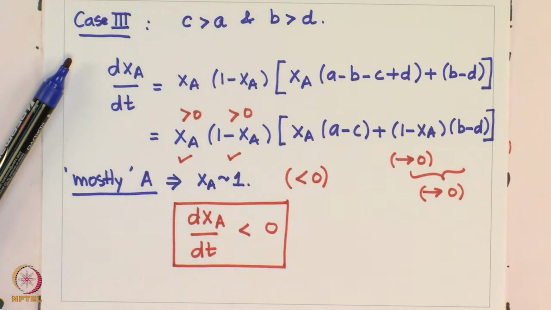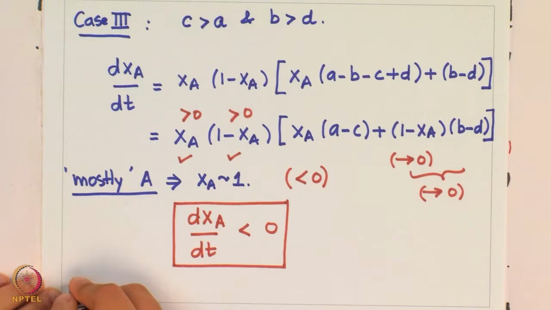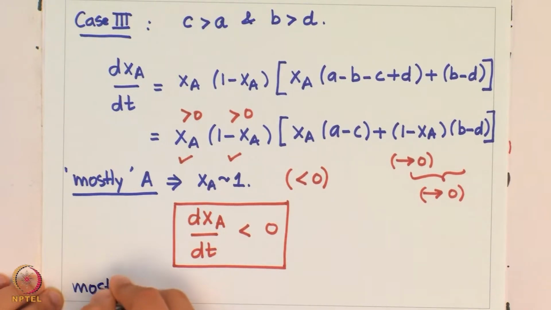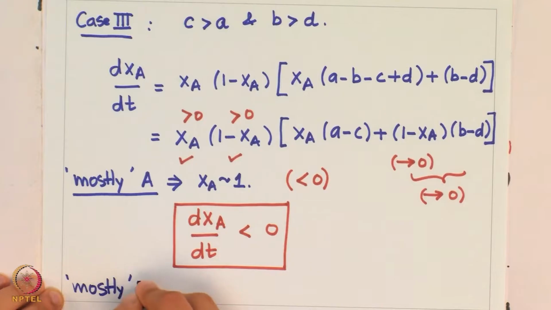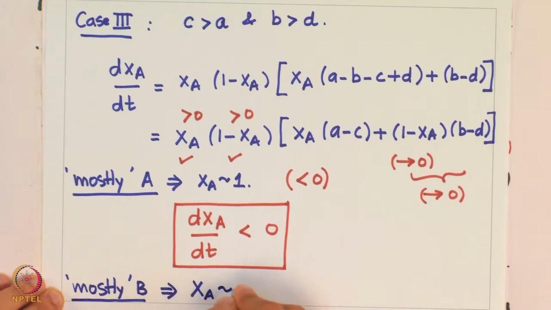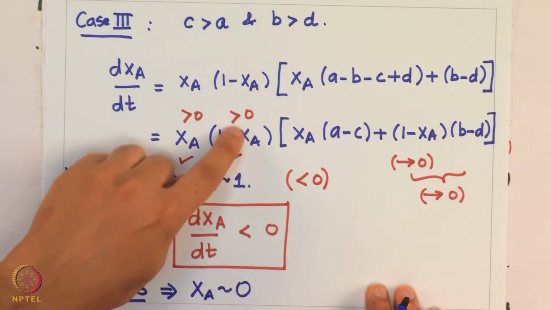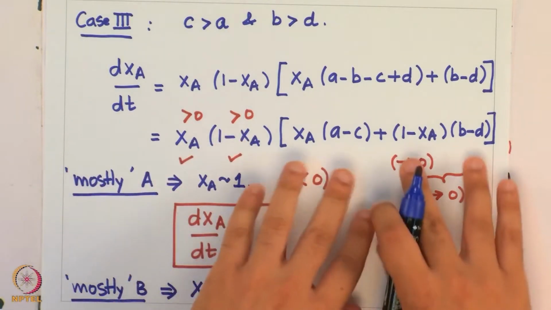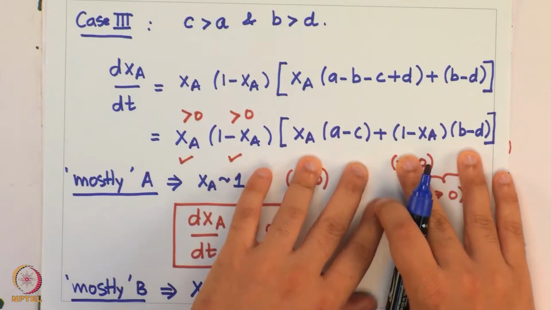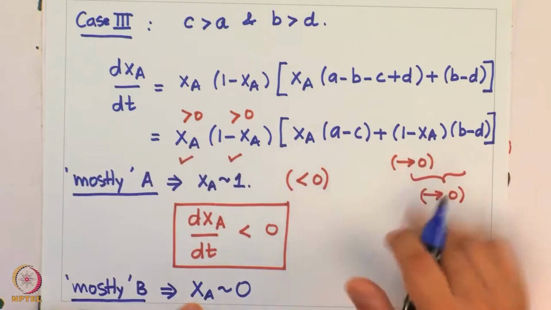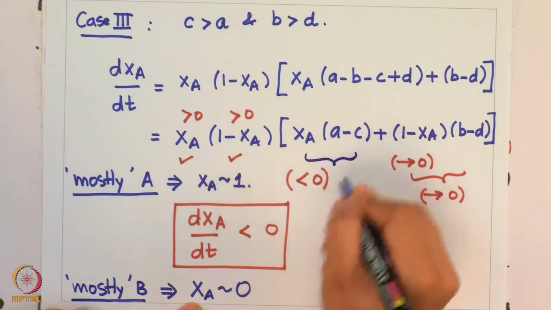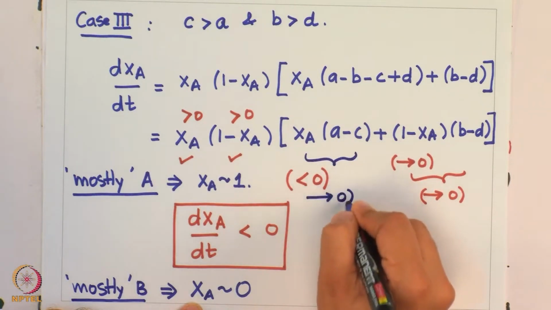On the other hand, if you are dealing with the scenario where the system is present in a state where it is mostly B, what that implies is that x A approaches 0 and x B in turn approaches 1. In that case, what happens to this expression? In that case, x A would still be greater than 0, 1 minus x A would still be greater than 0, but of the two contributions that are coming here from this term, x A, which is approaching 0, this quantity now can be ignored because that is almost approaching 0.